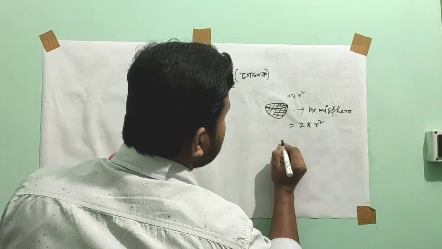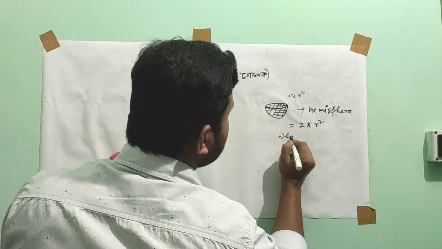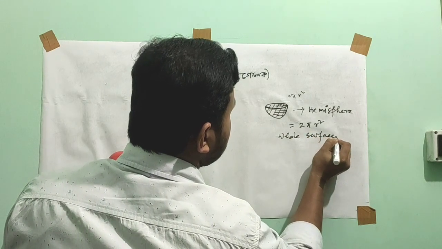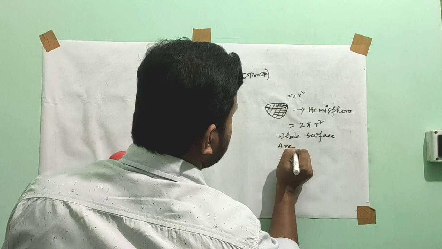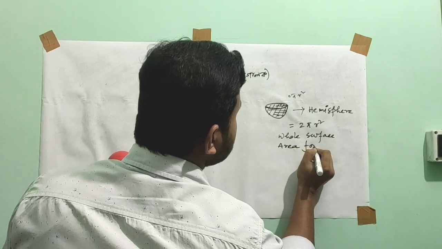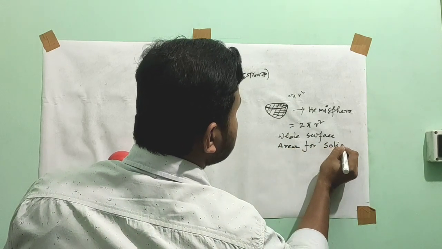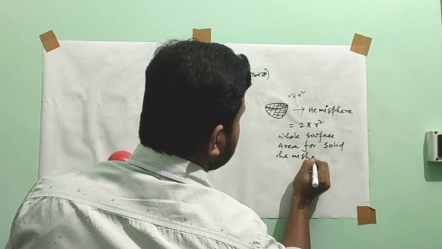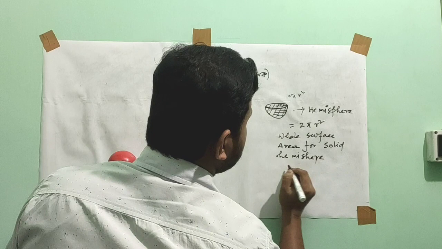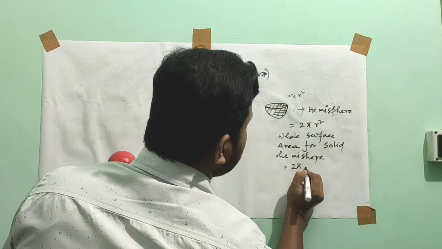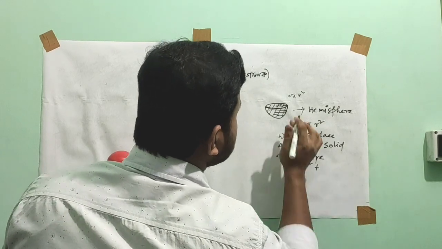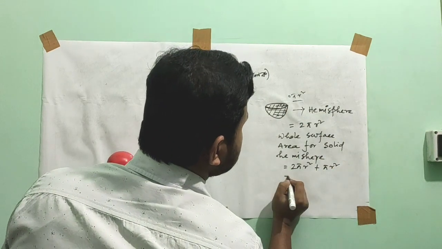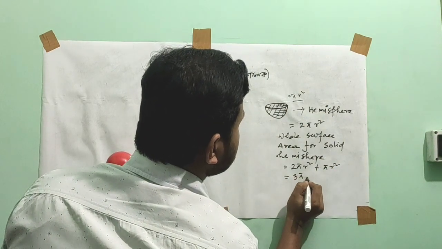Now the total whole surface area for a solid hemisphere will be 2 pi r square plus pi r square equals 3 pi r square.